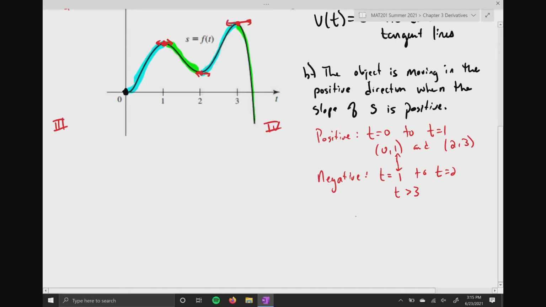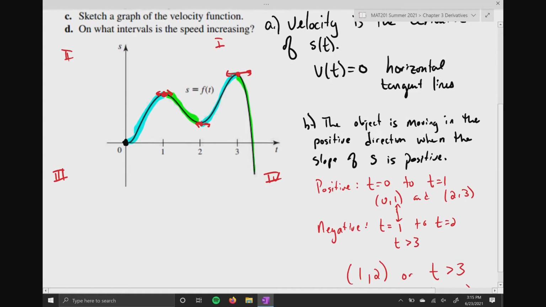So this is going to be from 1 to 2, or we're just going to say t is greater than 3, which another way to write that is just 3 to positive infinity. Okay? So now part C. What is part C? Oh, sketch a graph of the velocity function. So what I'm going to do is just erase what I have here.